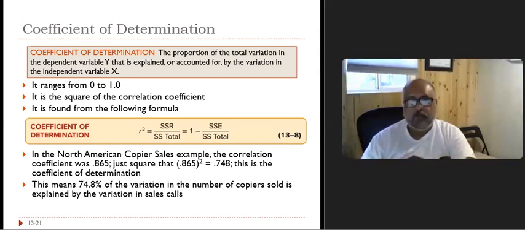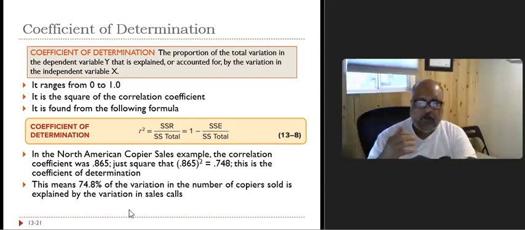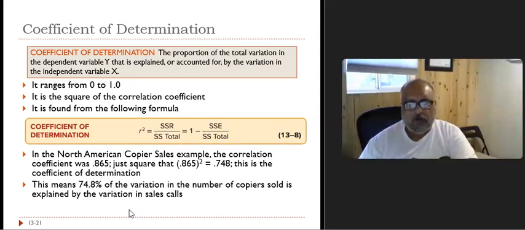And if it gives you a value between 0 and 1, that is what we are talking about here. So a value of 0.748 means that 74.8% of the variation in the number of copiers sold is explained by the variation in the sales calls. That's called the coefficient of determination, R square.